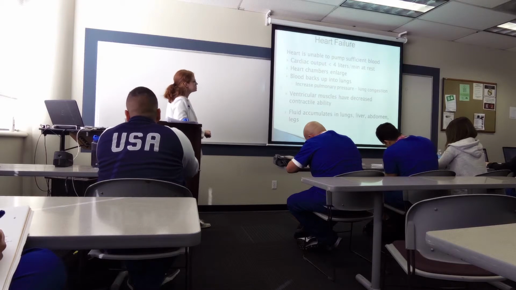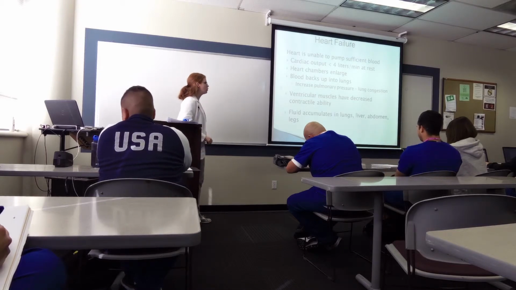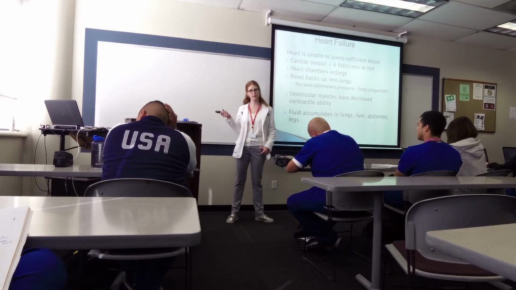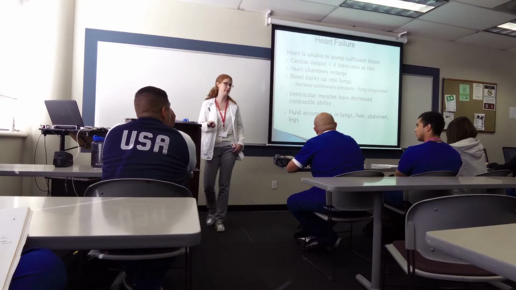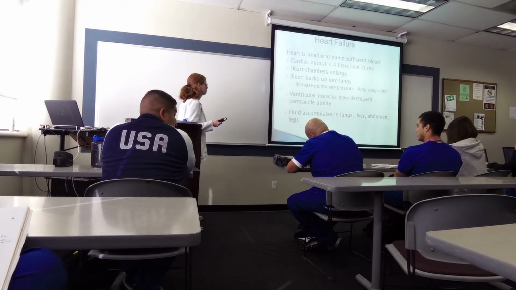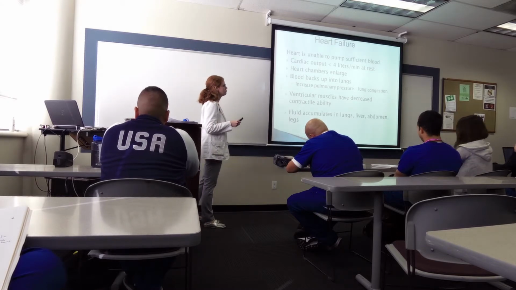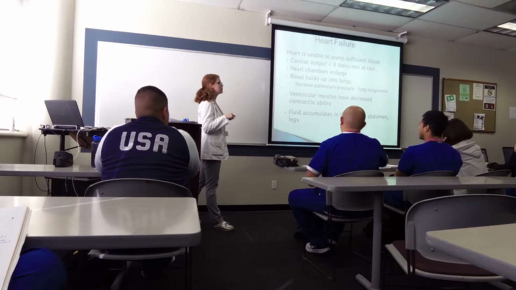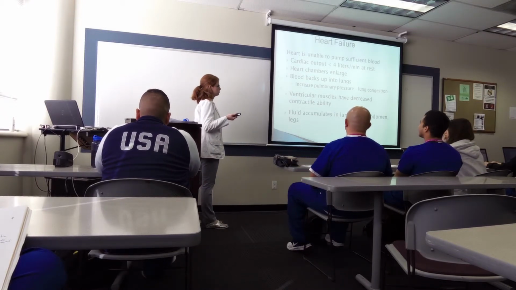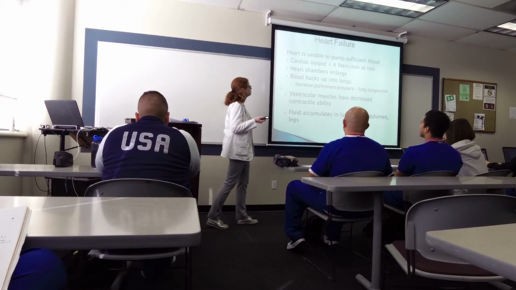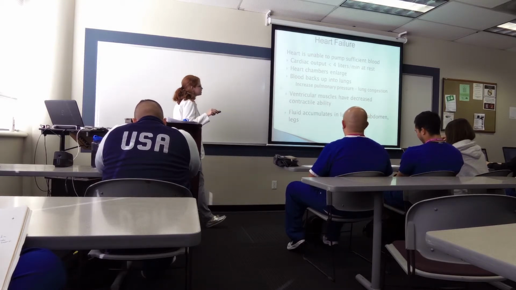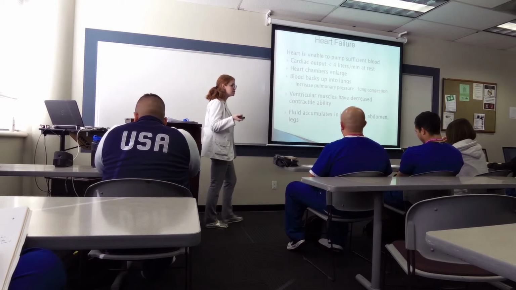Okay, so there's a few things that are going to happen with heart failure. We're also going to eventually differentiate between left-sided heart failure and right-sided heart failure. When someone has heart failure, their heart chambers are likely already enlarged. And it's basically, think of it as the heart got fatigued over time.